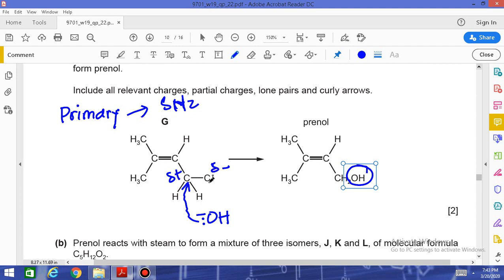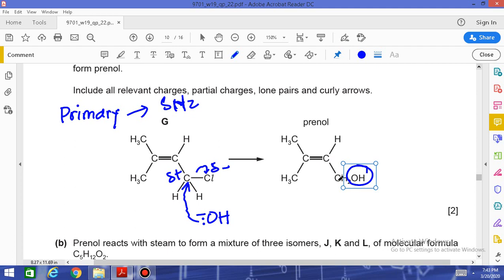And chlorine is more electronegative than carbon, so it tends to pull the electron pair toward itself, and it will carry both electrons from the covalent bond here. Remember, the more electronegative atom will tend to pull the electron pair toward itself, and it will carry both electrons from the covalent bond here.